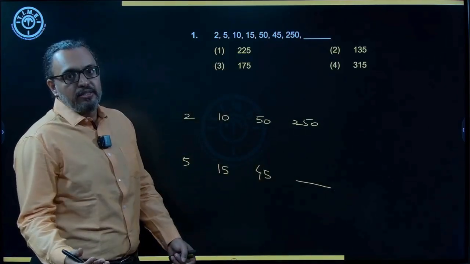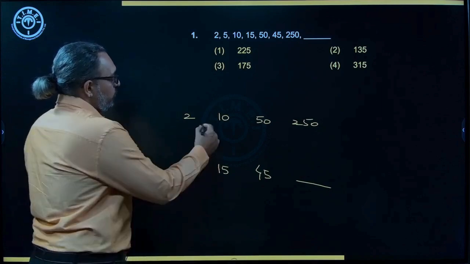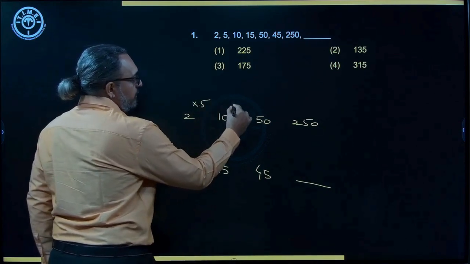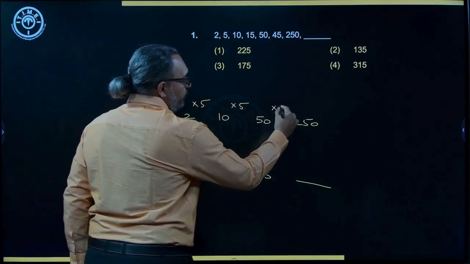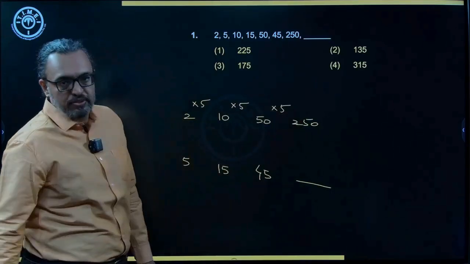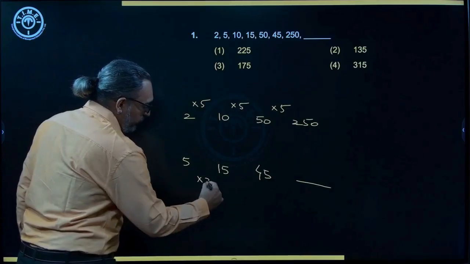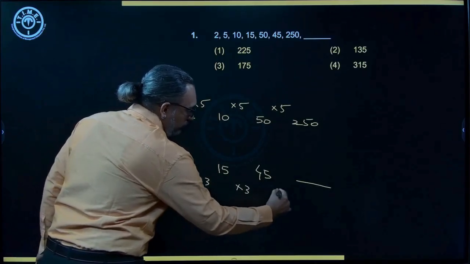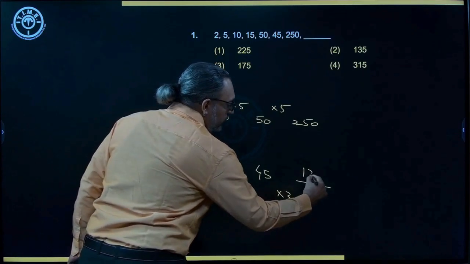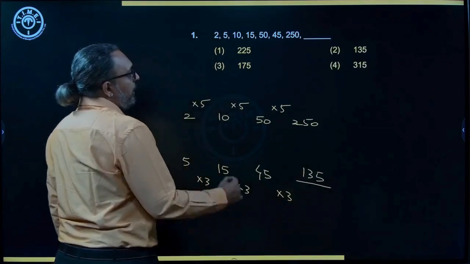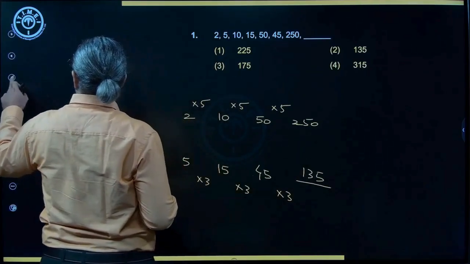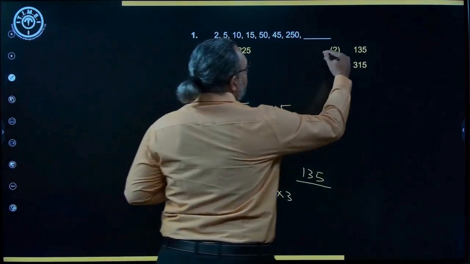So this is how you consider. So this is what 2 into 5, 10, 10 into 5, 50, 50 into 5, 250. So it is increasing 5 times. And how about here? 5 into 3, 15, 15 into 3, 45. So 45 into 3, we get 135. And that is available to us in option number 2.